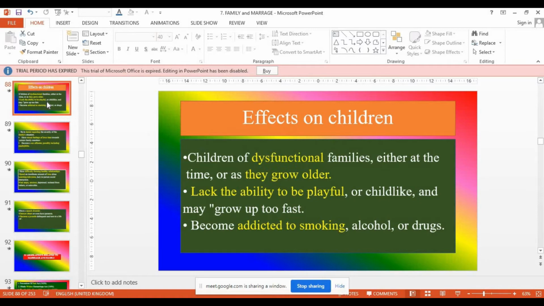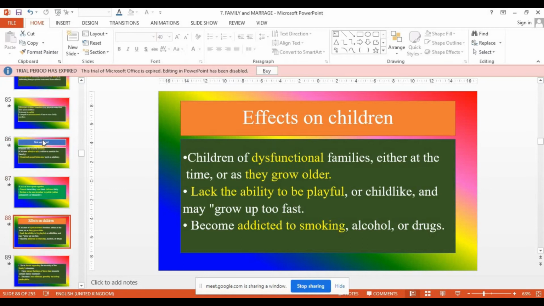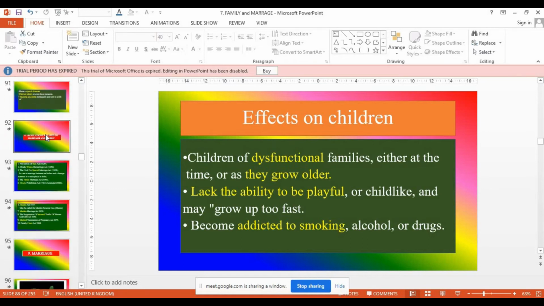If in a family husband and wife are not living together and children are living separately, those children suffer from these problems. So these are some of the effects on children due to family disorganization.